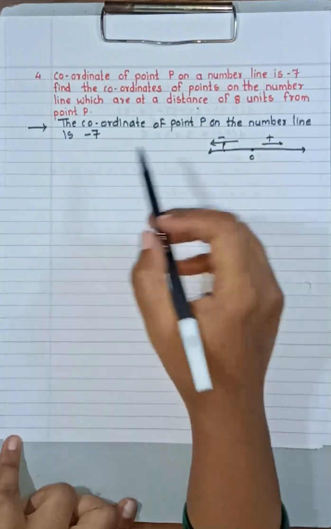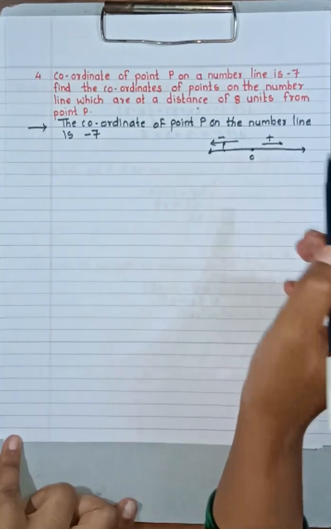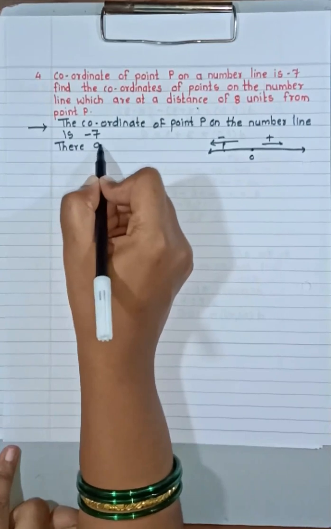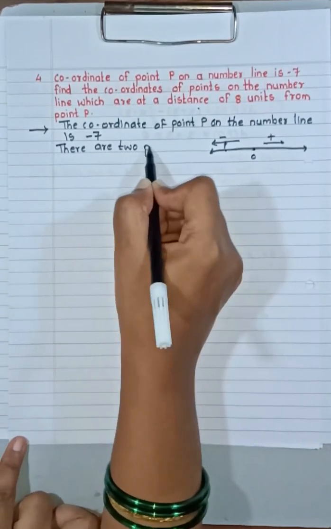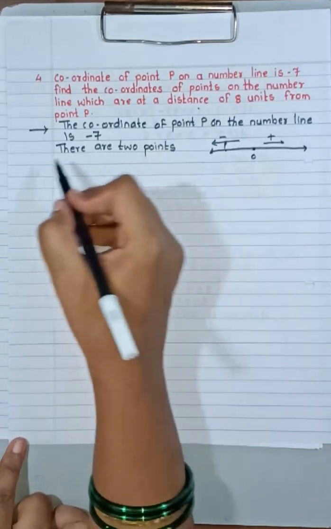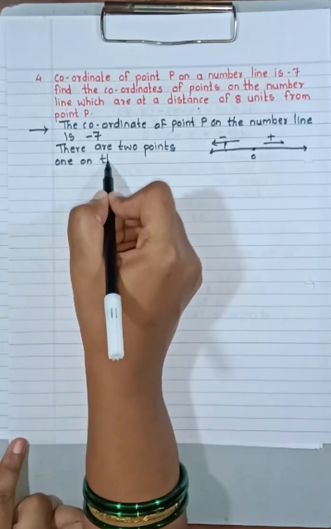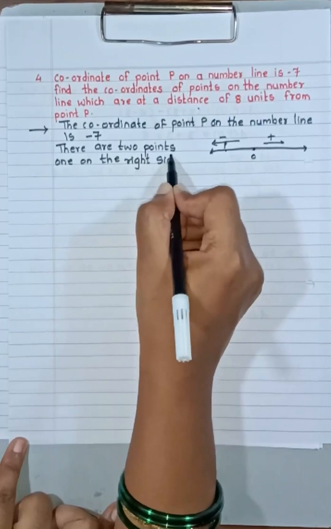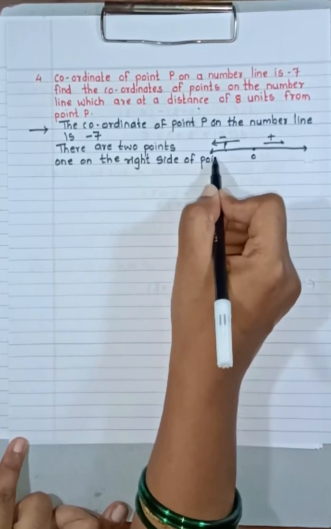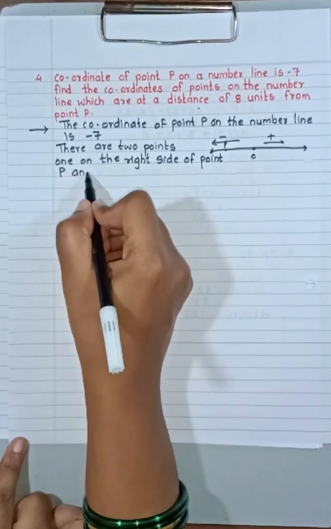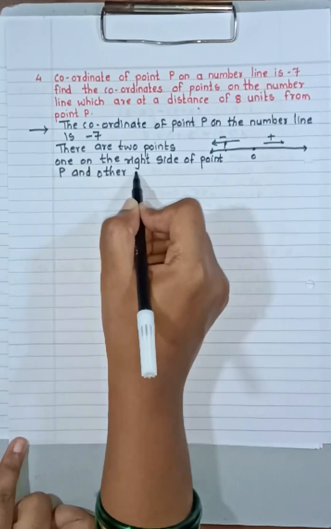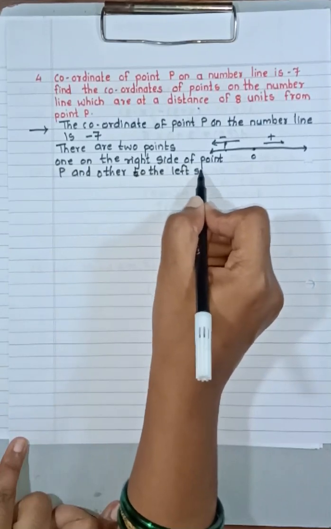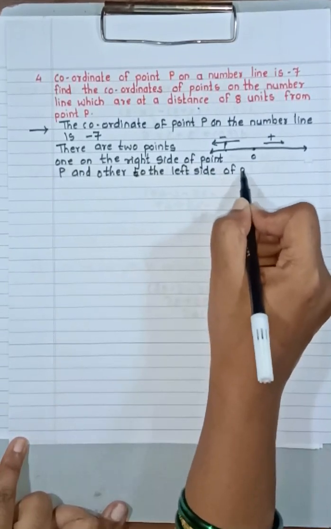When the coordinate of point P on the number line is minus 7, then there are 2 points, one on the right side of point P, and the other to the left side of point P.